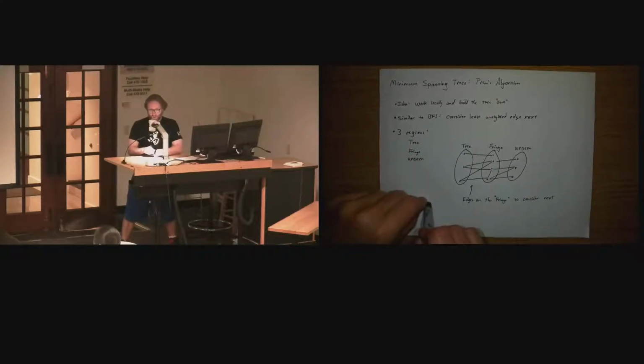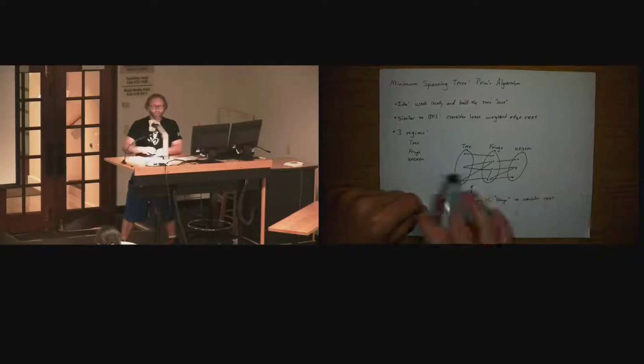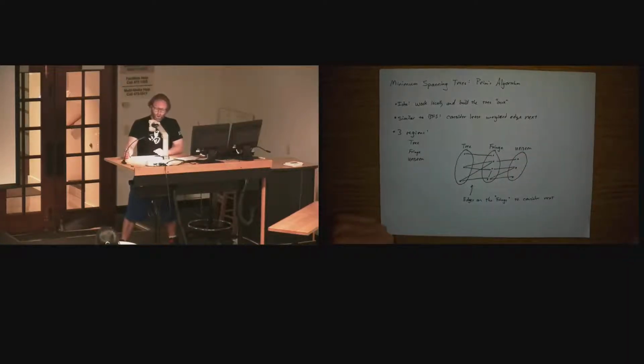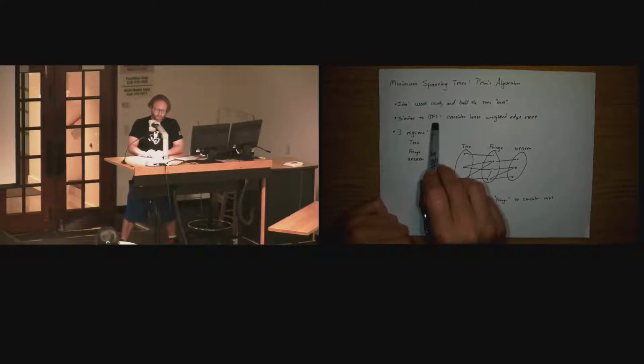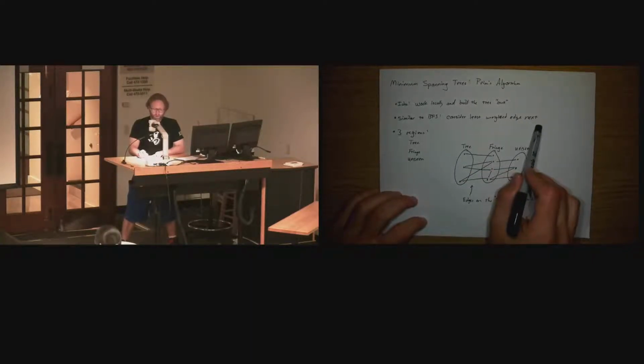You start at a vertex, and then you start adding things that are close to it. It's similar to BFS because you work outwards, right? You visit things that are in the immediate neighborhood, and then the neighborhood of the neighborhood, until you've built out the entire tree. But instead of BFS visiting everything, you consider the least weighted edge next.